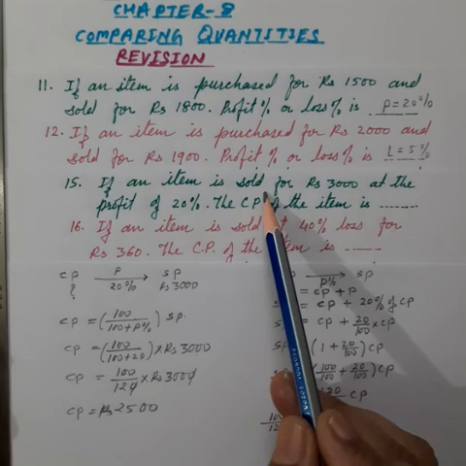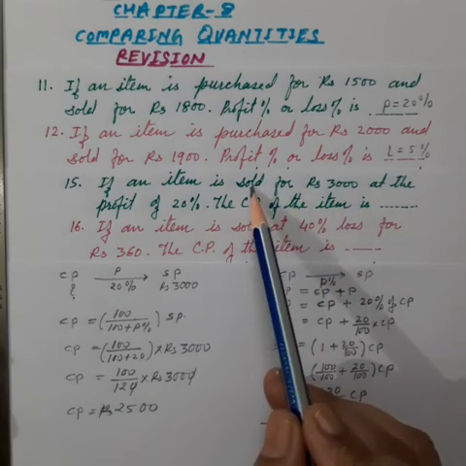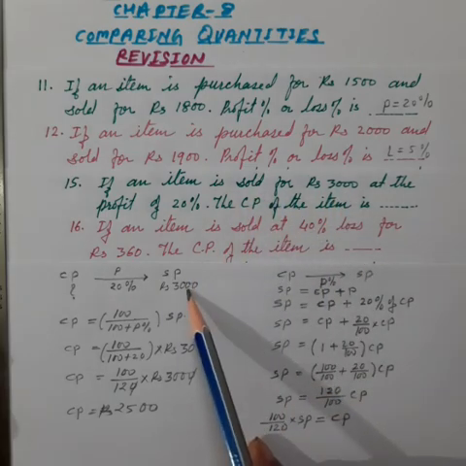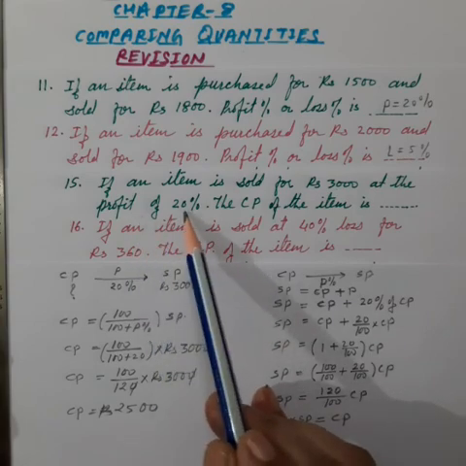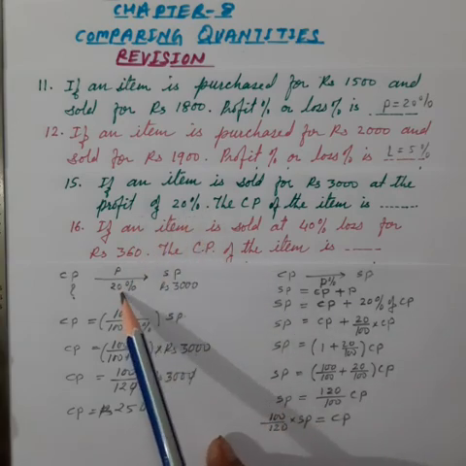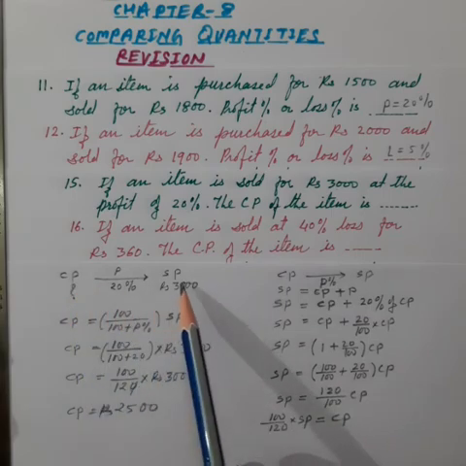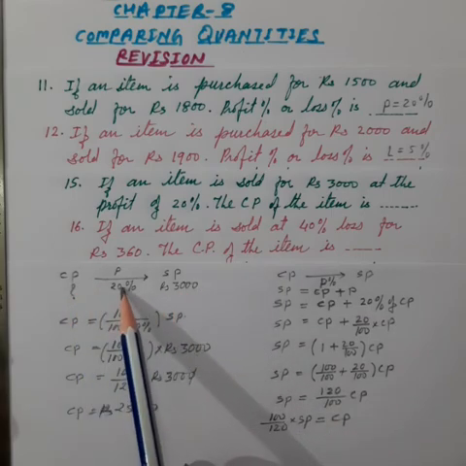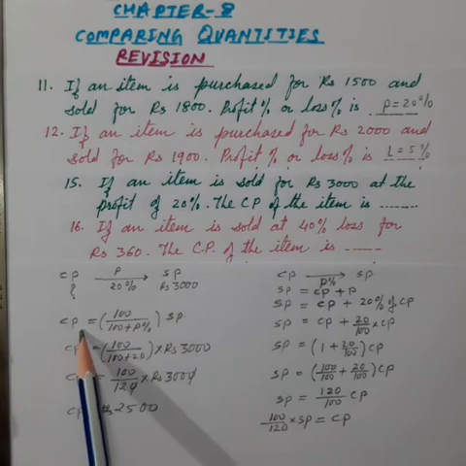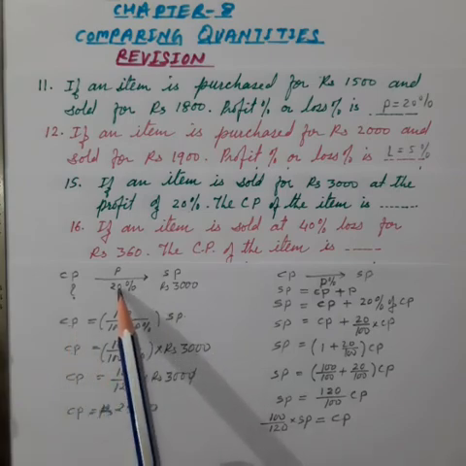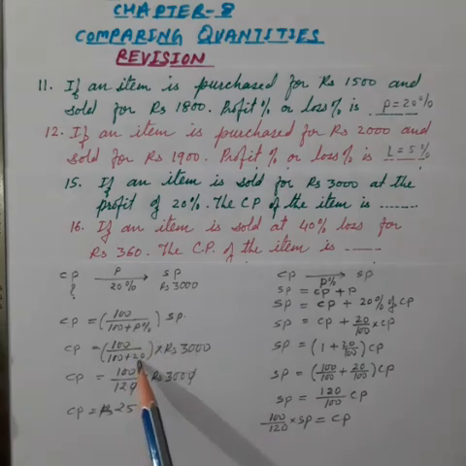If an atom is sold for rupees 3000, selling price is given rupees 3000, at a profit of 20%. Profit is given 20%. We have to find out cost price. When selling price is given and profit percent is given, we have this formula to find out cost price. Here profit percent is 20 and selling price is 3000.